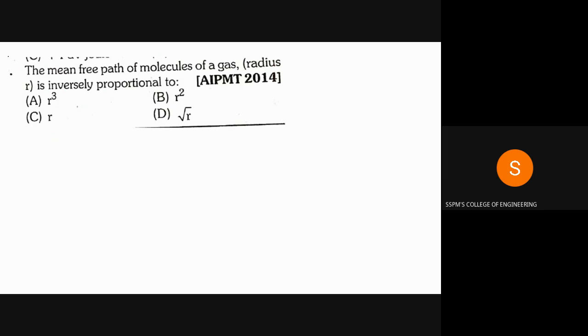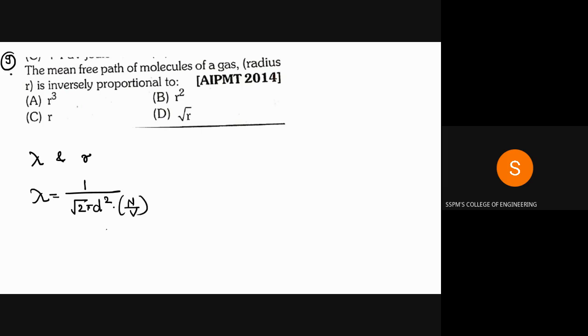Okay, refer the next question. The mean free path of the molecules of the gas, if the radius is r, is inversely proportional to. Okay, so we have to find out the relation between lambda and the radius of the molecule. The standard equation for lambda is 1 upon square root 2 pi d square n upon v.